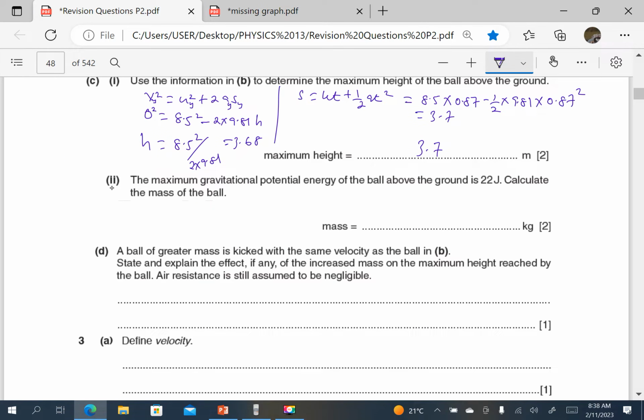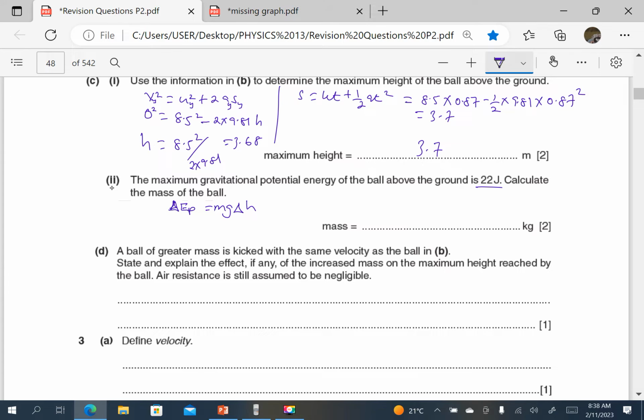Okay, the maximum gravitational potential energy of the ball above the ground is 22 joules. Calculate the mass of the ball. So we know that potential energy is mgh, so the change in gravitational potential energy is mg times the change in height h.